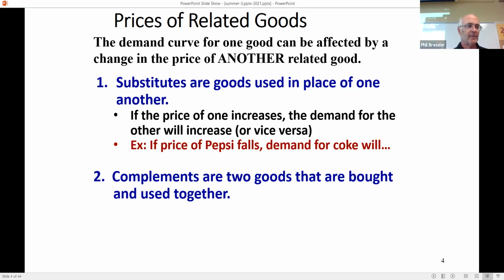Now, if the price of hot dogs goes up, could someone tell me what's going to happen to the demand of hot dog buns? You could hit the reaction to raise your hand, or you could just yell out if you think you have it. What's going to happen if the price of hot dogs goes up? What's going to happen to the demand of hot dog buns?